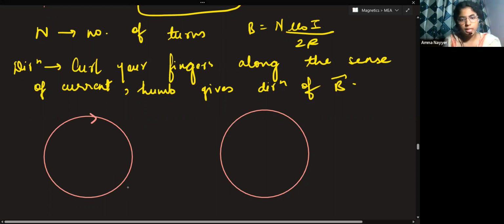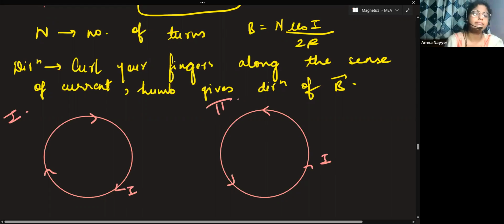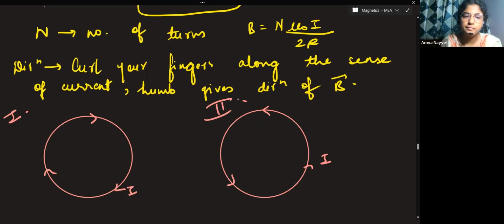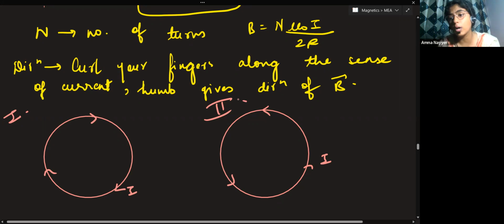Current is flowing in this direction, and current is flowing in this direction. This is the first one, this is the second one. What will be the direction of the magnetic field for the first and second?